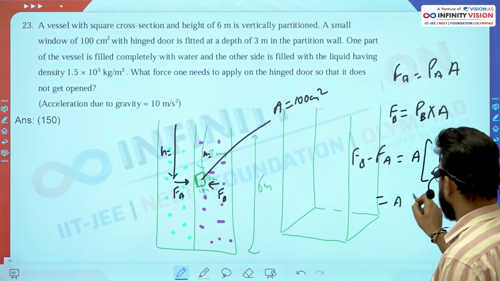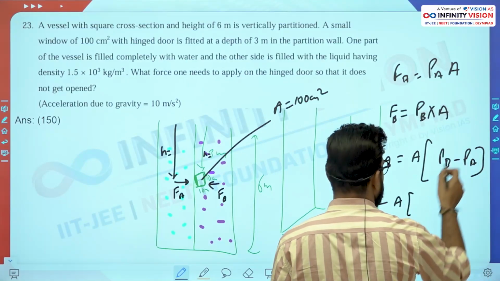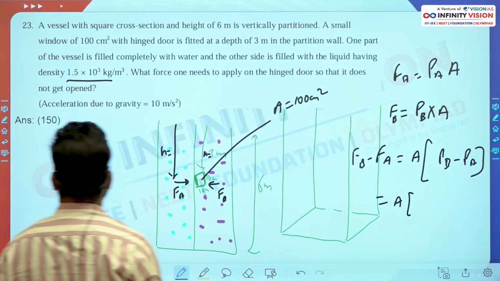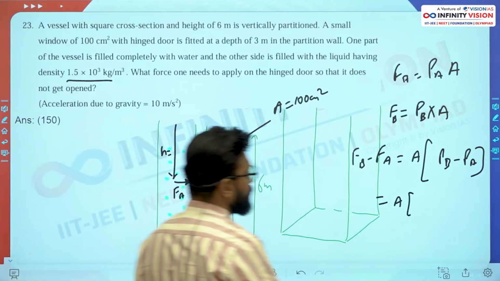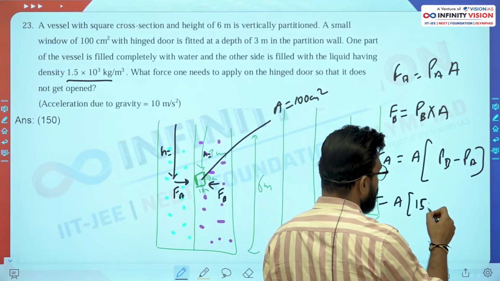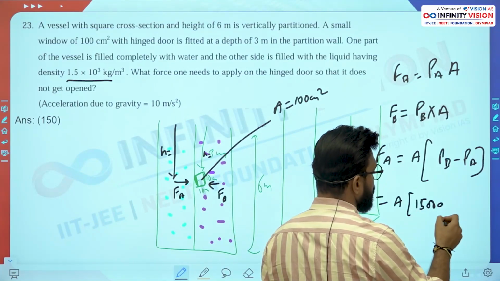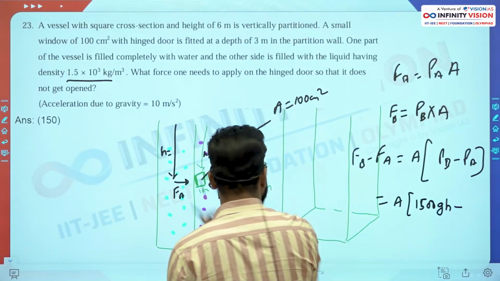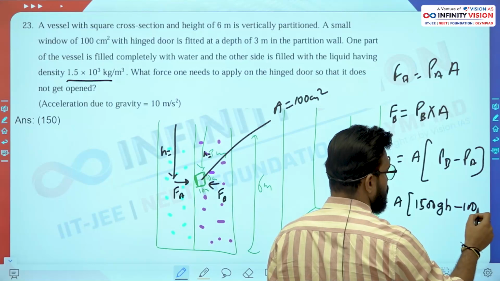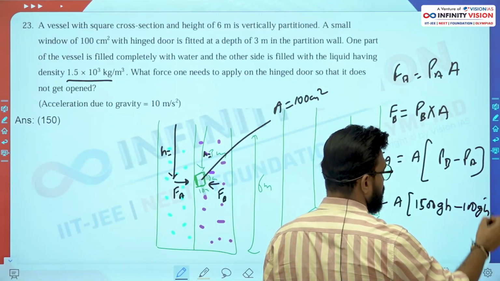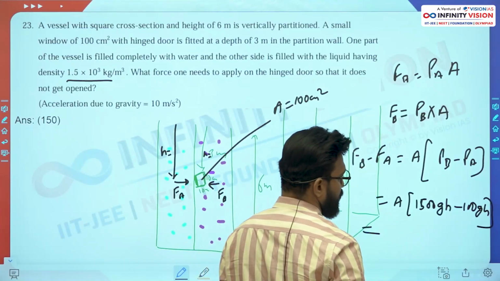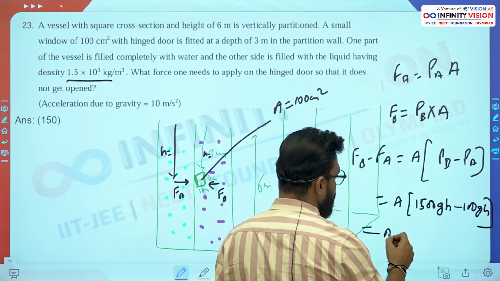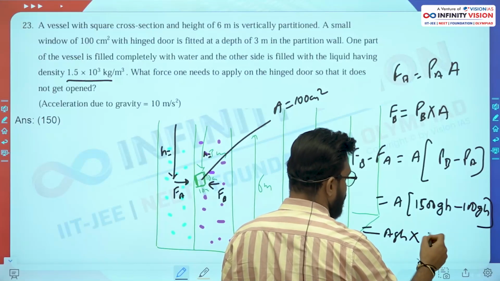Pressure is rho, the density of this liquid is 1500, rho G H, minus the density of water, which is 1000, rho G H. Remember it is at the same depth, so GH will come out common, multiplied by 500.